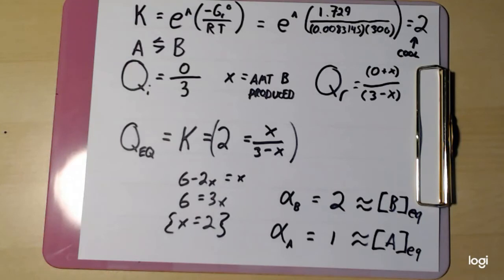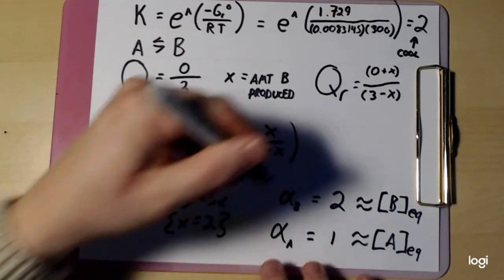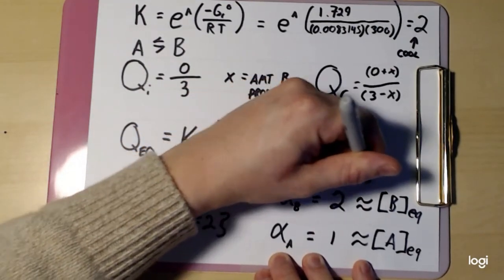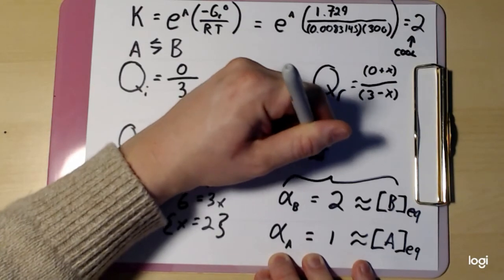So you've now solved for the equilibrium concentrations of the system. At equilibrium, there is a concentration of 2 molar of B and 1 molar of A. Awesome.